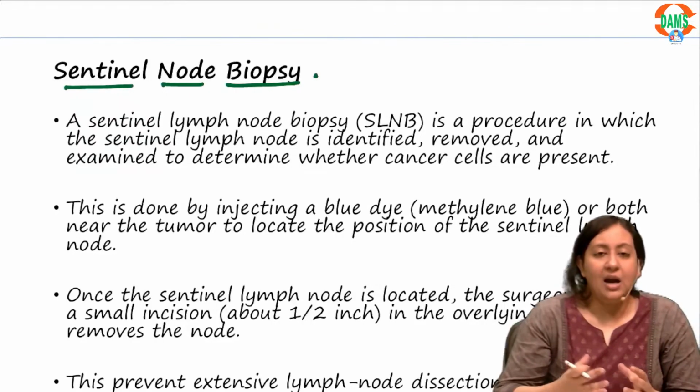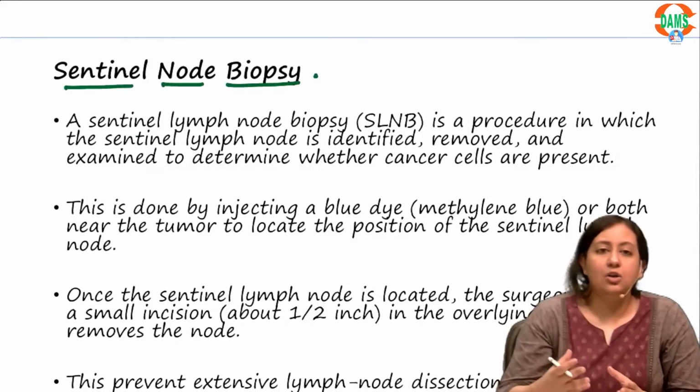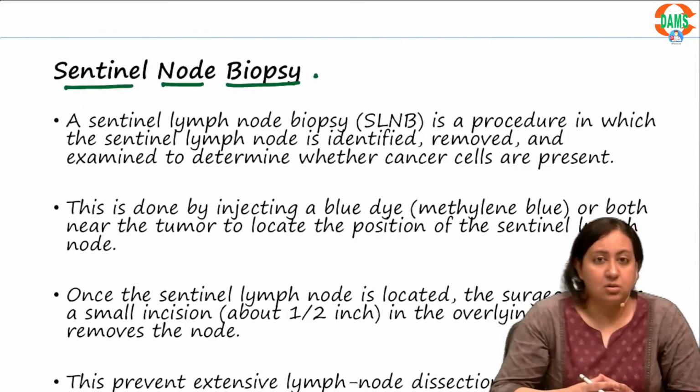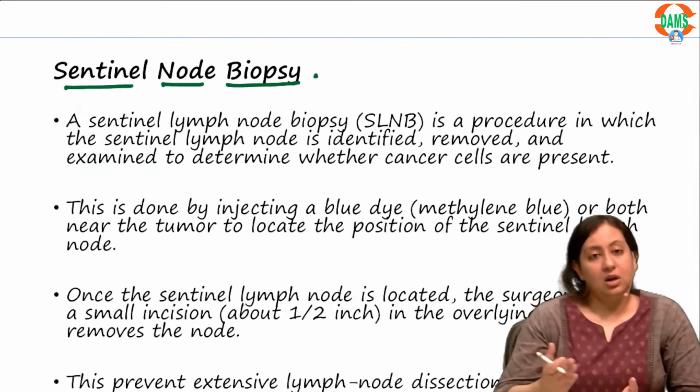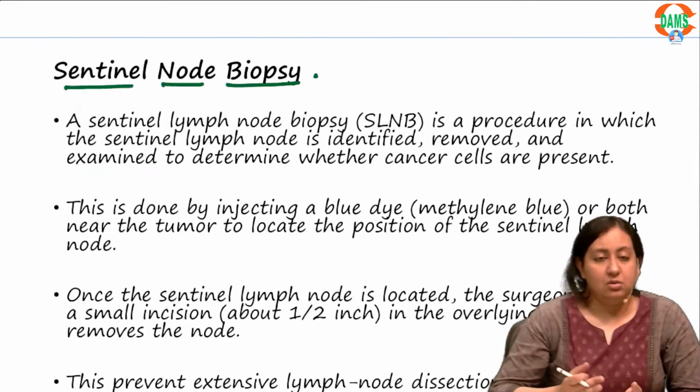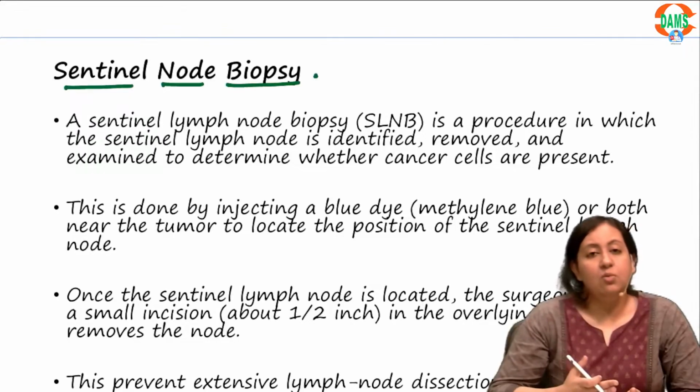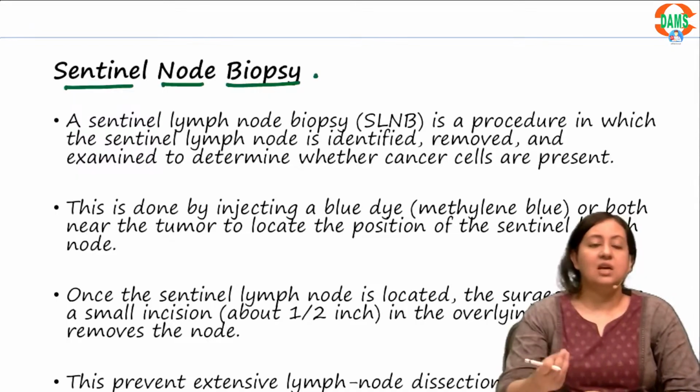You have planned its surgery, and you also want to do a neck dissection, but you want to do a conservative neck dissection. You want to only remove those neck nodes to which the cancer cells have spread.